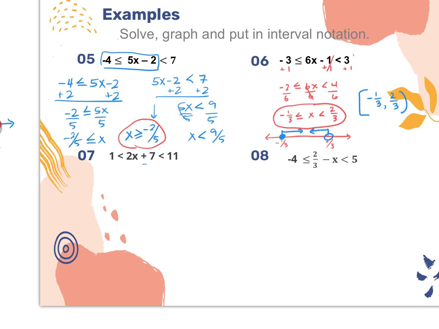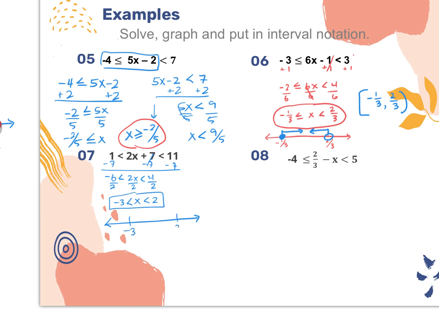So I'm going to start by subtracting 7 from all three sides. I'm going to get negative 6 is less than 2x, which is less than 4. Then I'm going to divide all three sides by 2. I'm going to get negative 3 is less than x, which is less than 2. So once again, that's my solution as an inequality.